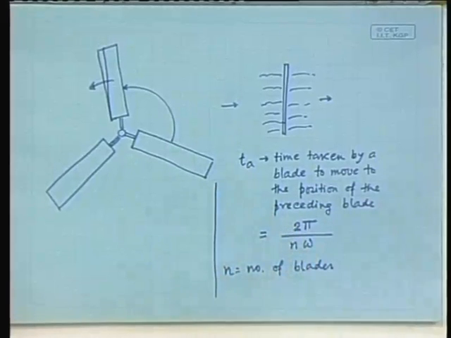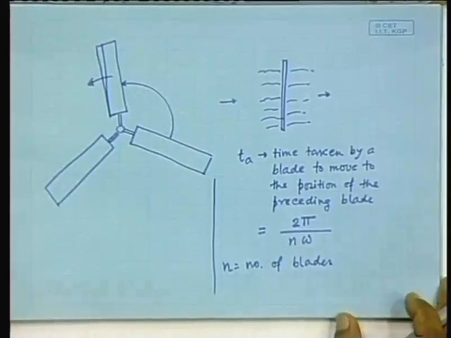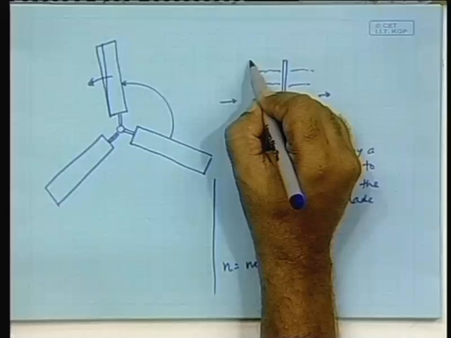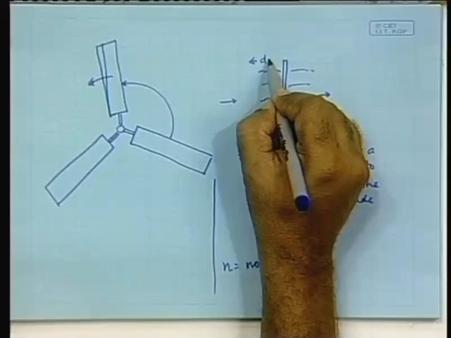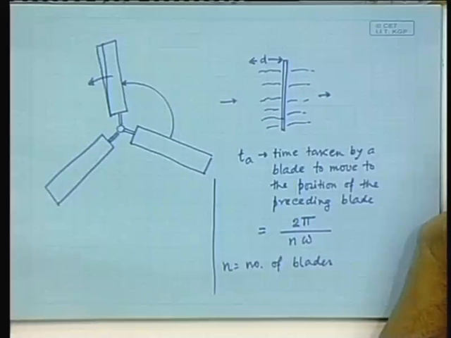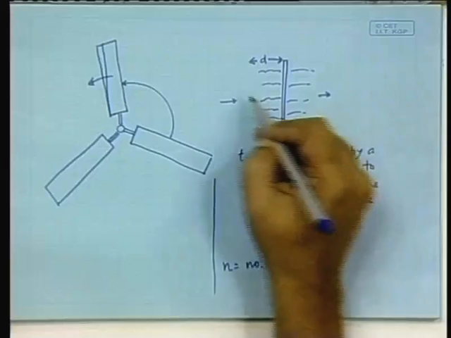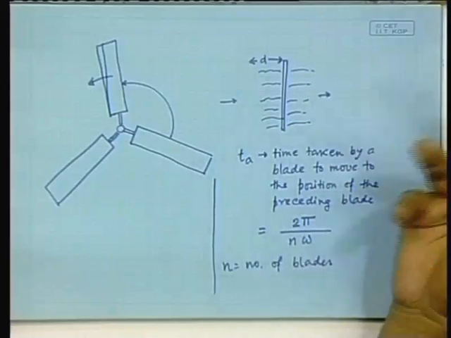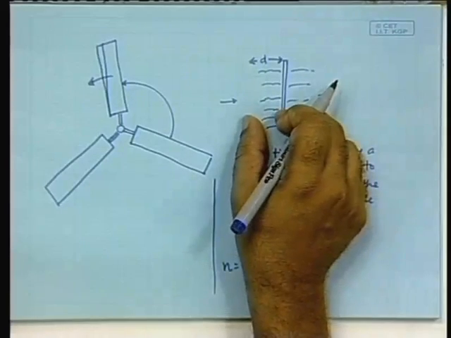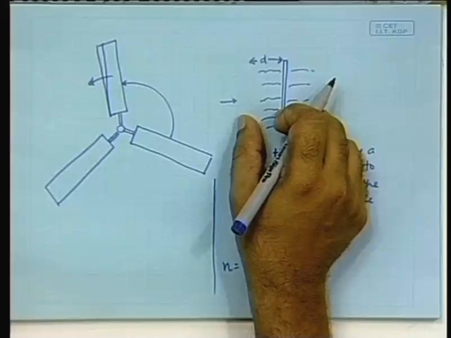So, this is one thing. The other thing is, suppose the length of the disturbed wind is d and the speed of wind through the blade is small v. So, how much time is taken so that the disturbed wind passes through? d by v.